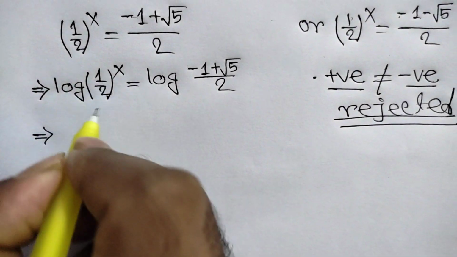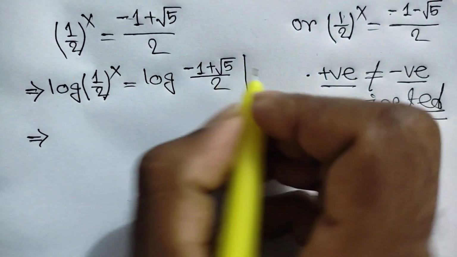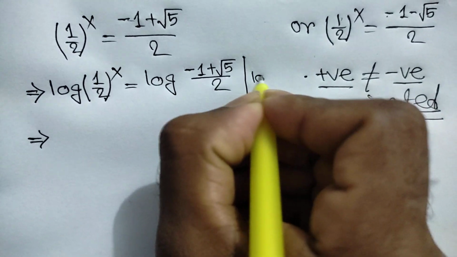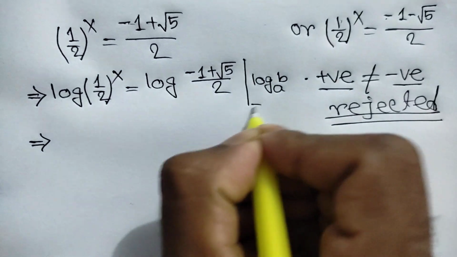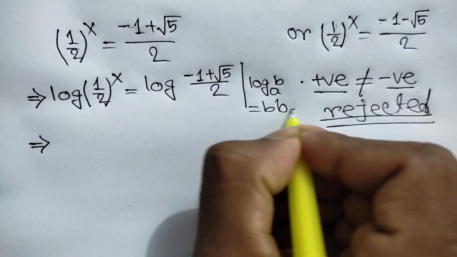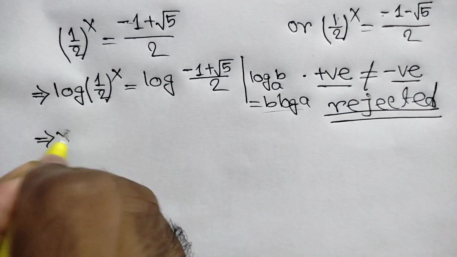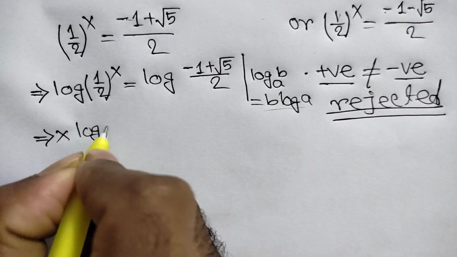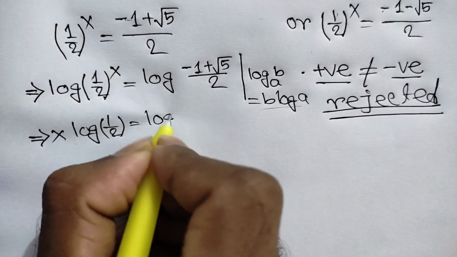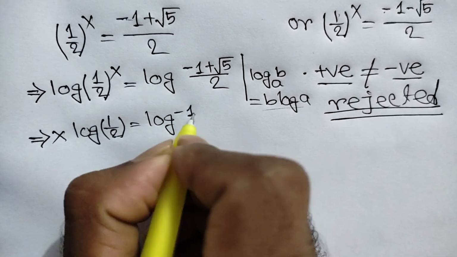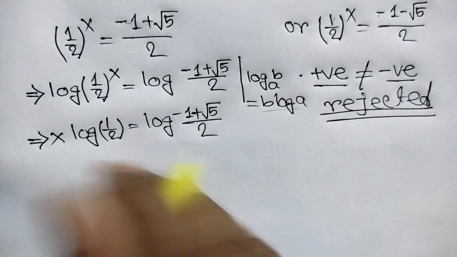Here we can apply this rule: log of b to the power a is equal to a log b. Applying this formula, here we can write x log 1 over 2 is equal to log of negative 1 plus root of 5 over 2.